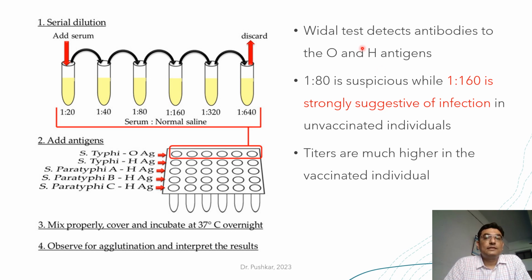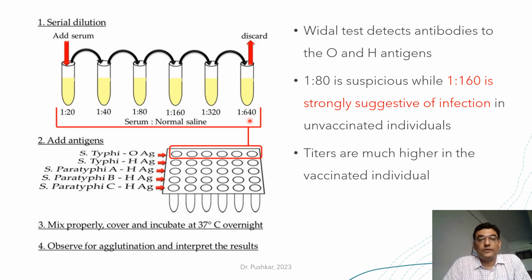So what is this Vidal test? We saw that the Vidal test detects antibodies to the O and H antigens of the Salmonella. The Vidal test is a serial dilution method. Here is the serial dilution, and there are different titers: 1:20, 1:40, 80, 160, then 320, then 640.